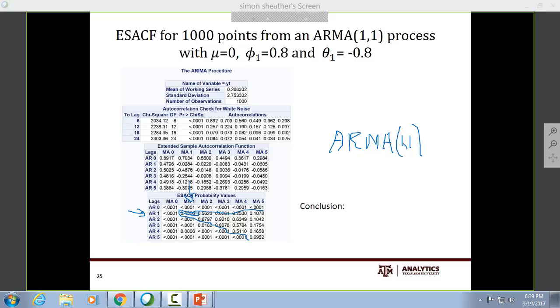So this method says, look for a triangle where all of the numbers in the triangle are statistically insignificant p-values, all large p-values. And here, because we generated the data from a pure ARMA 1-1 process, there's the triangle, right? It works perfectly. With sample data, it doesn't always work this well. But here the rule is very clear, right?